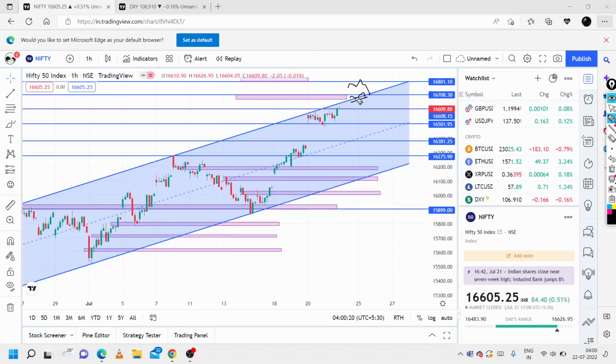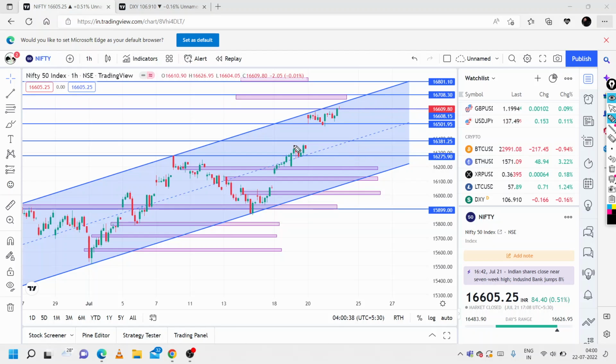I'll take a short side position. I'll put my stop loss at least 40 to 50 points on spot, that is 20 to 25 points on options, and the targets will be these levels.